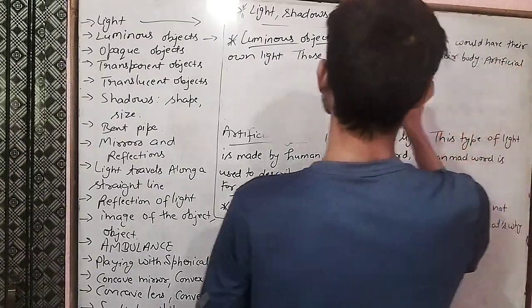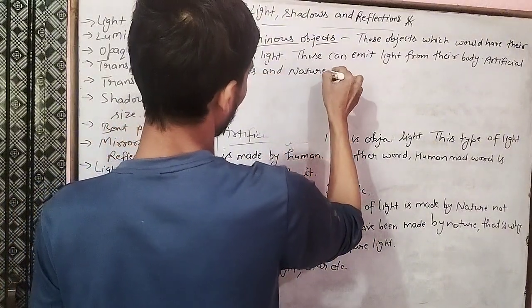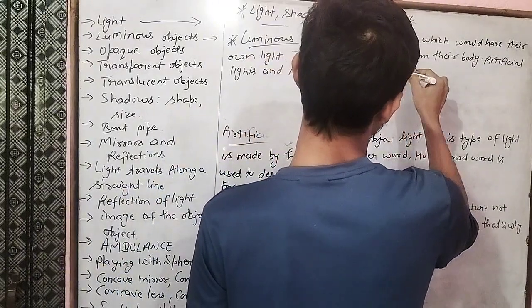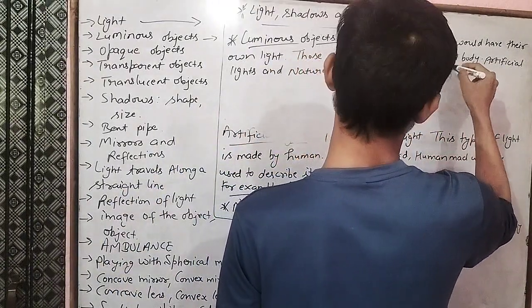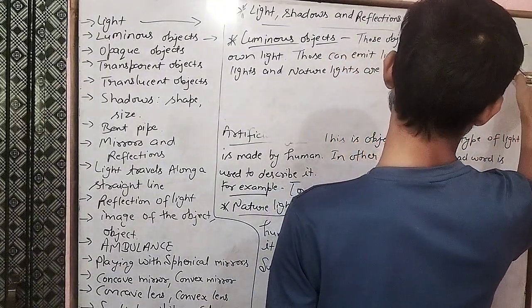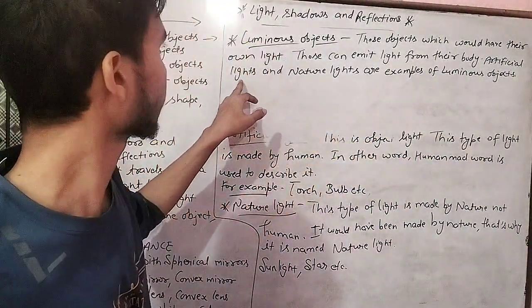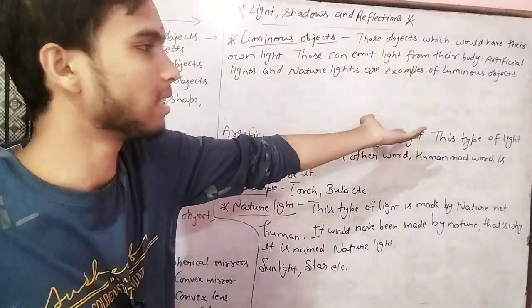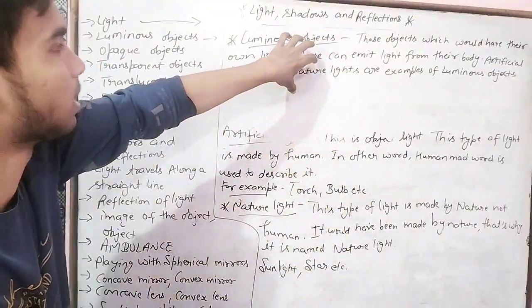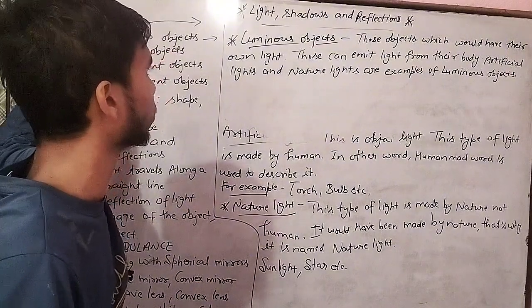Artificial lights and natural lights are examples of luminous objects. Clear? I hope we are clear. So we added examples to the discussion of luminous objects. Clear?